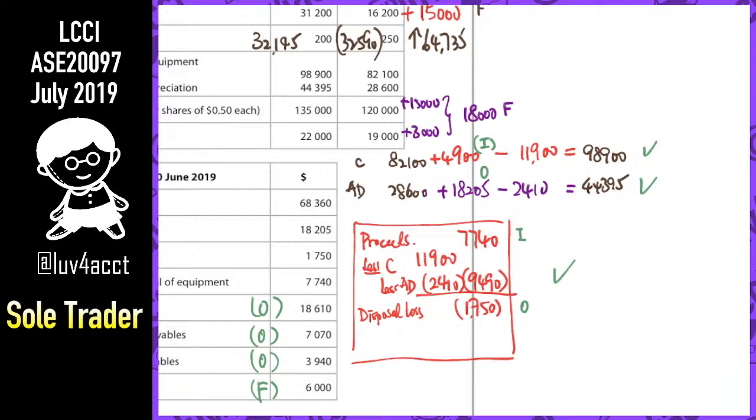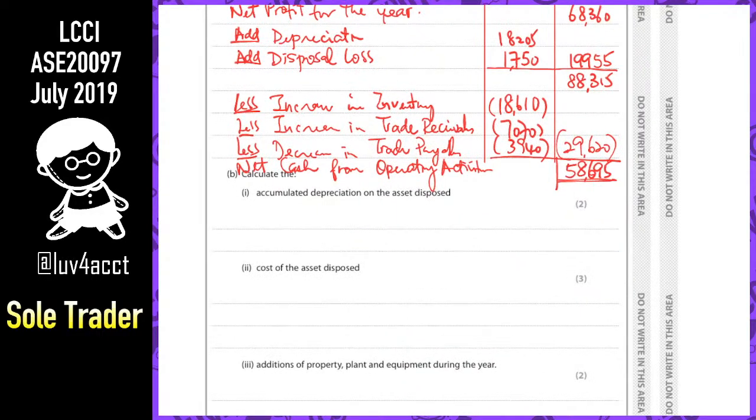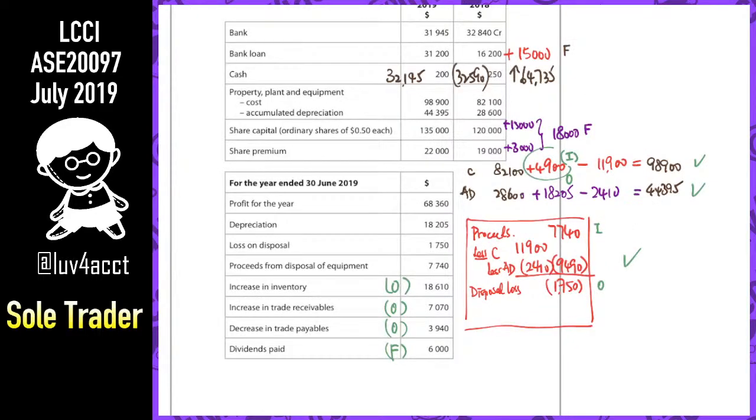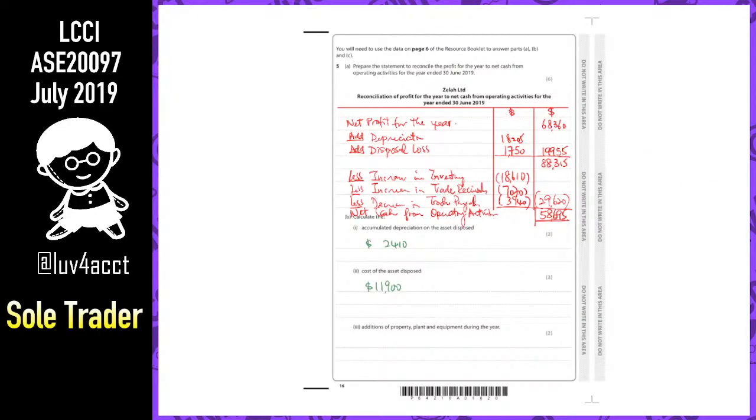Okay, so cost of the asset disposed 11900, and then accumulated depreciation 2410. Additions of property, plant and equipment will be here 4900. Is it?